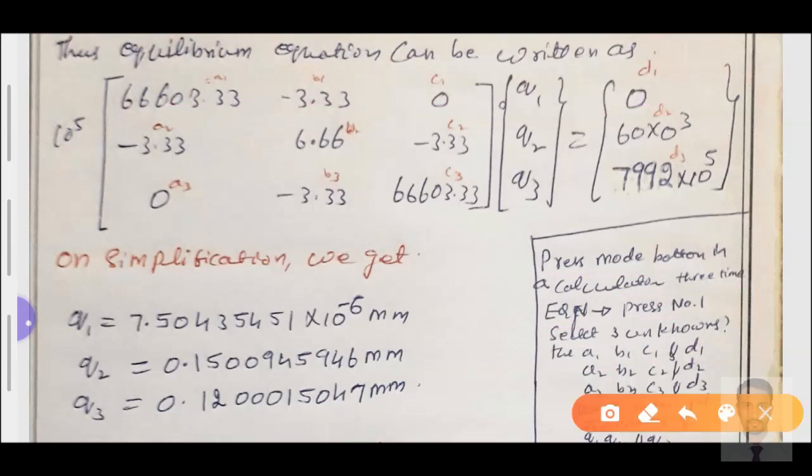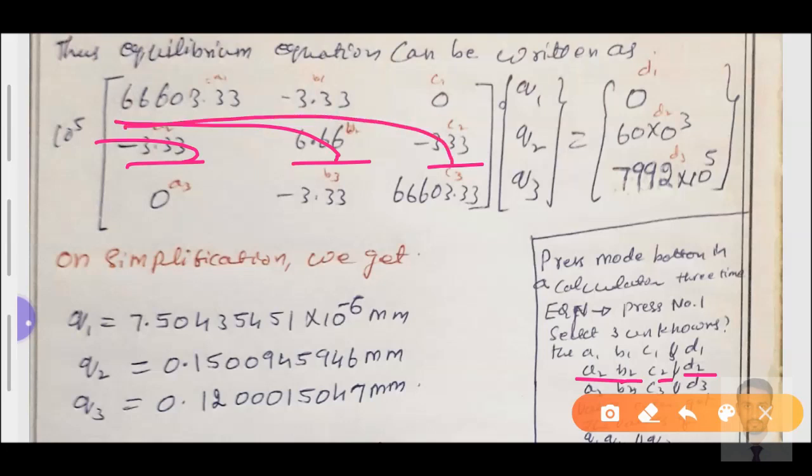Similarly, another equation appears in your calculator: a2, b2, c2, d2. Enter a2, b2, c2, each multiplied with 10 to the power of 5, pressing equals each time, then enter the 60 into 10 to the power of 3 as the d2 value.